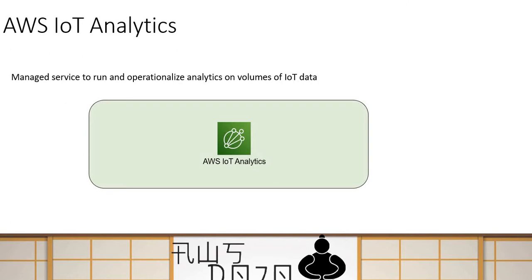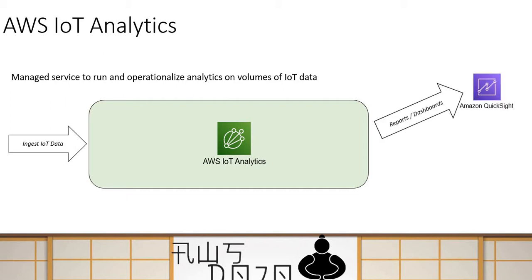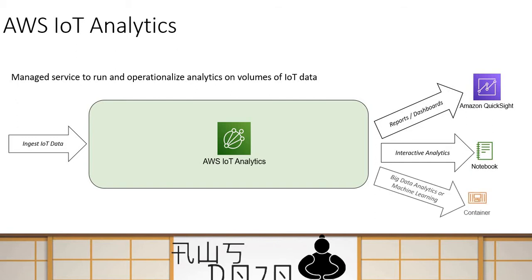So what exactly is AWS IoT services? You may have a scenario where you are ingesting data from your IoT devices, and then you want to run different types of analytics on top of that, whether you want to do reporting or dashboarding, or some kind of interactive analysis in a Jupyter Notebook type of interface, or big data analytics or machine learning using containerized images.